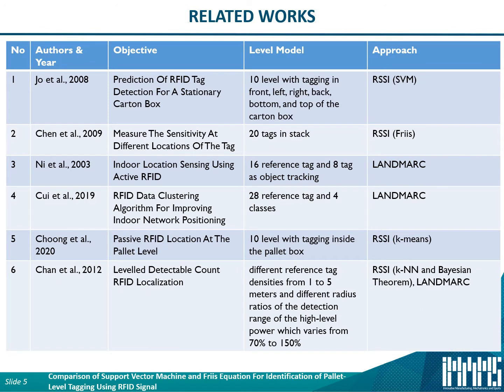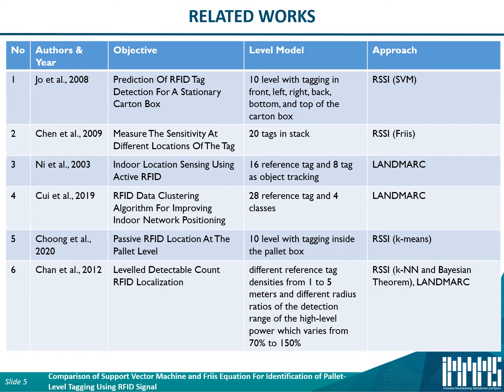From the literature review, there are only limited studies on the pallet-level tagging identification, and this is the summary of the literature review. For example, the first is the prediction of the RFID tag detection for a stationary carton box.